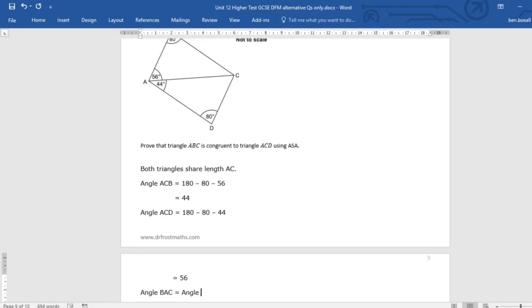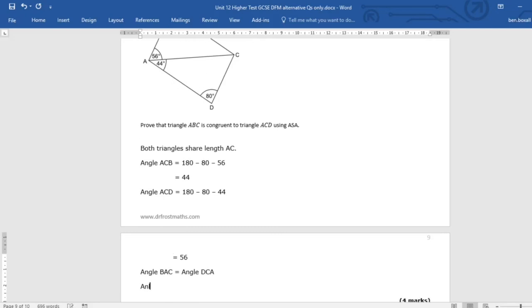So that's the 56 degrees in the top triangle equals angle DCA in the bottom triangle. Angle BCA in the top triangle, that's this one here that we can still just about see, and that's 44, remember, is the same as that 44, so that's equal to angle DAC.